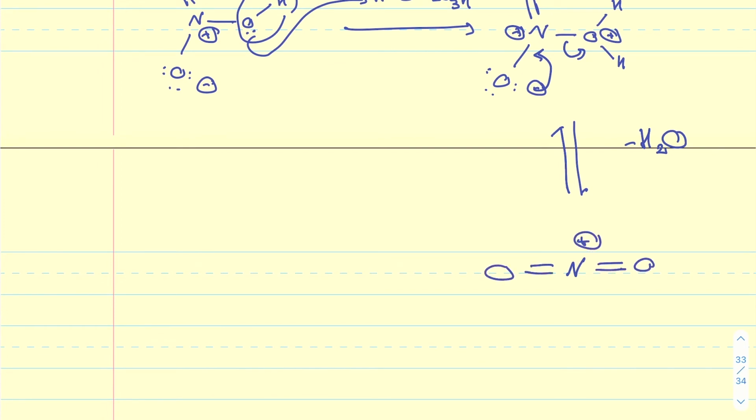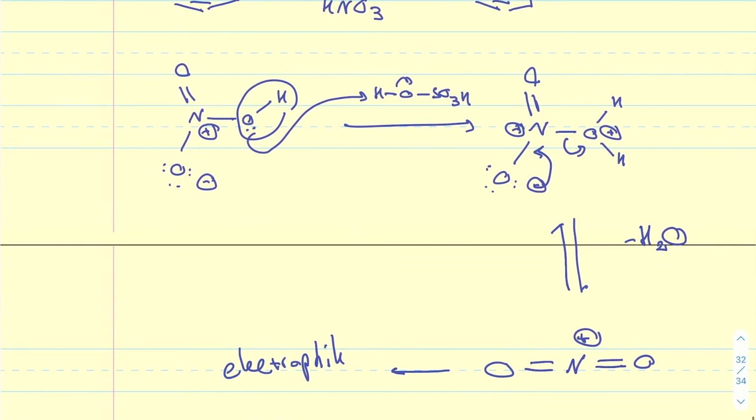Now, this is our electrophile, and this is how it's generated. But how it's generated really doesn't affect the mechanism of the reaction. From this point on, the general mechanism that we talked about is going to be basically responsible for what is going to happen. So we have our benzene.